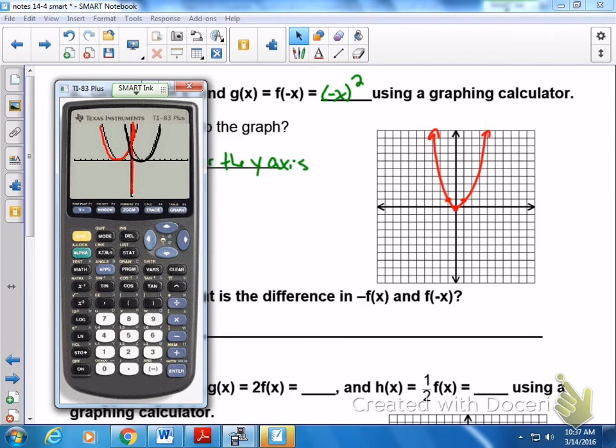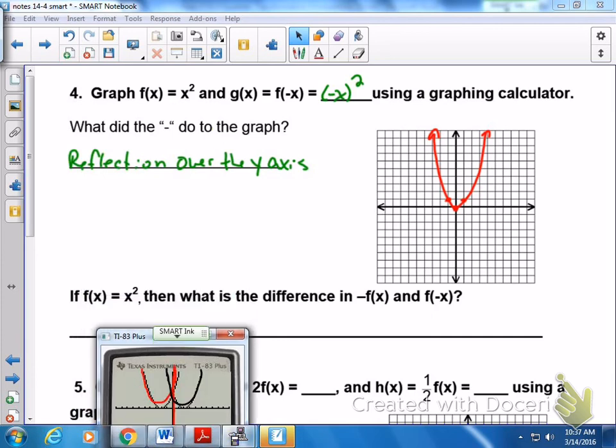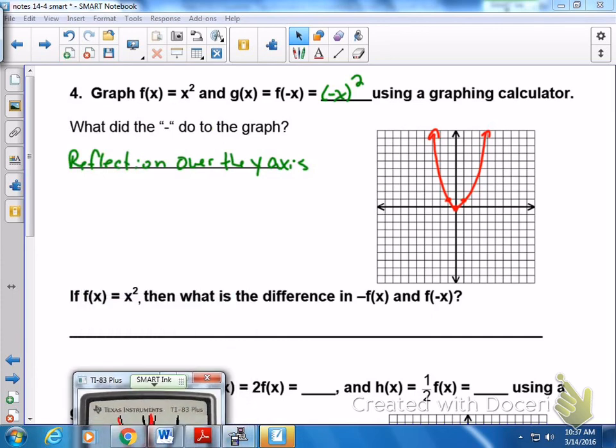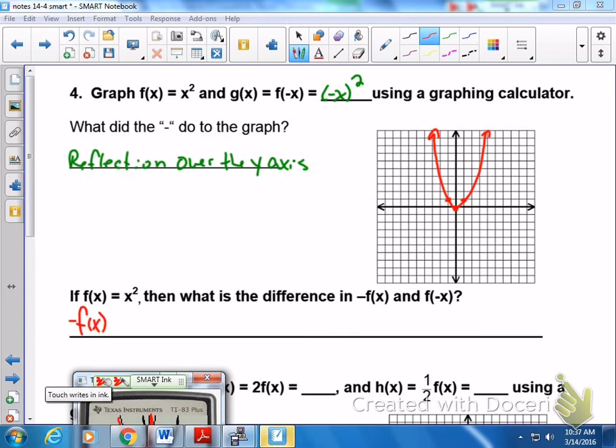Okay? All right, there's a little question underneath this. It said, if f of x is x squared, what's the difference between negative f of x and f of negative x? Well, negative f of x is a reflection over the x-axis.